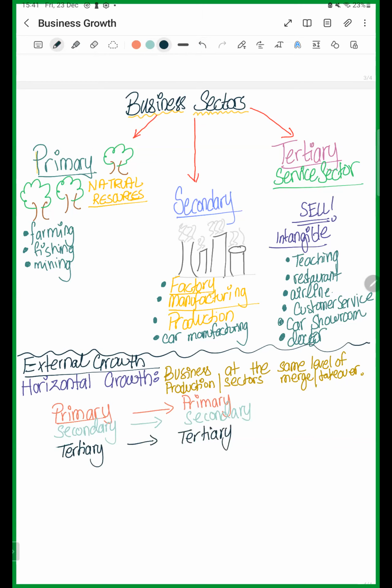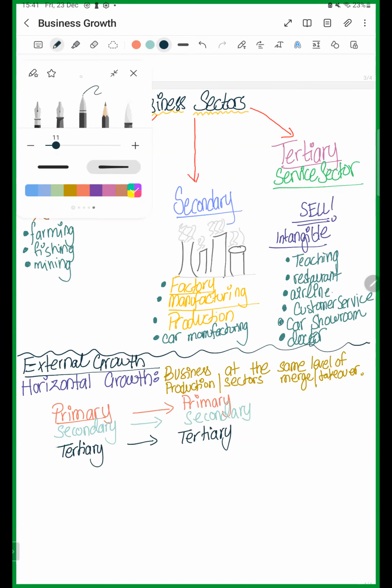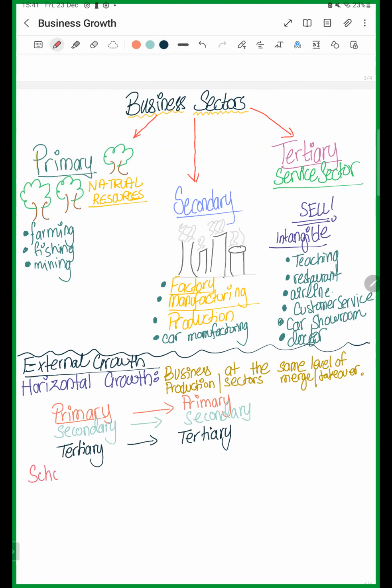Let's take an example. Okay, for example, there's a school. It has decided to merge and join with another school. There is a farm. Let's say it's a poultry farm.